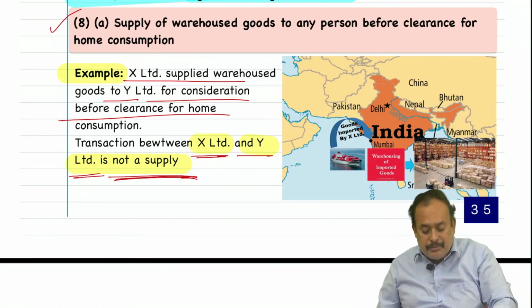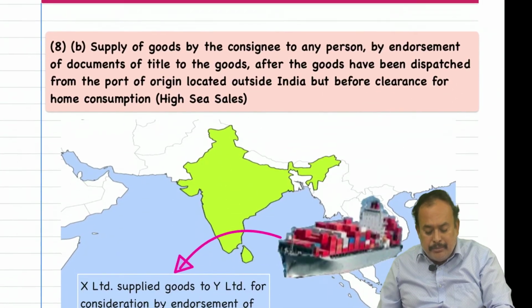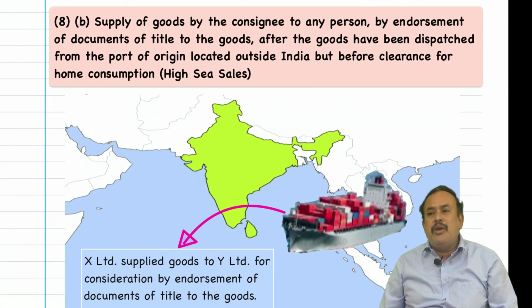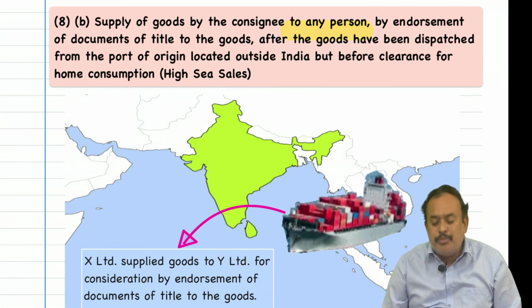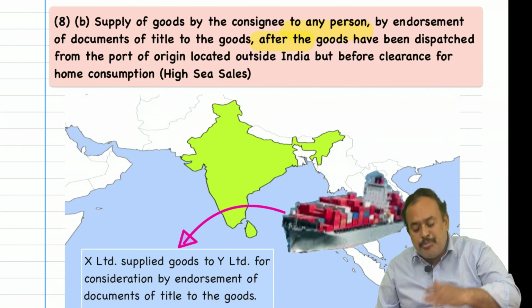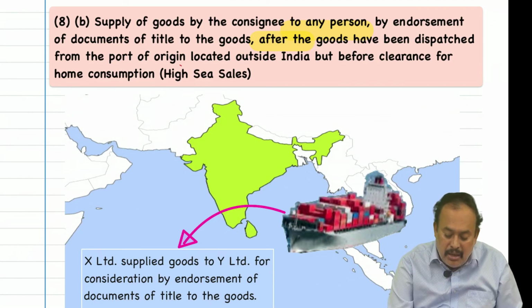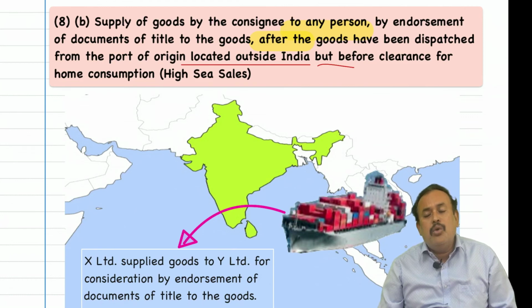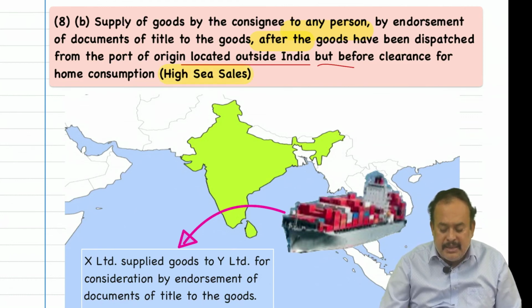Further, my dear friends, 8B: supply of goods by the consignee to any person by endorsement of documents of title to the goods after the goods have been dispatched from the port of origin located outside India but before clearances for home consumption, namely high seas sales.